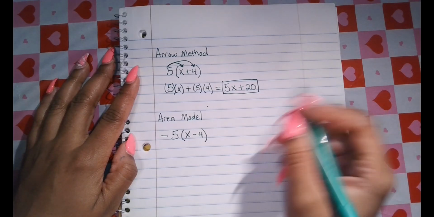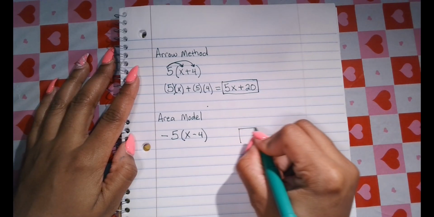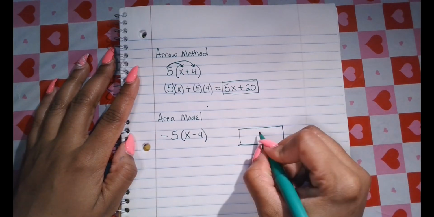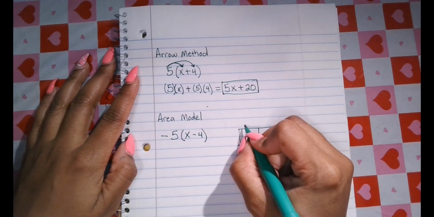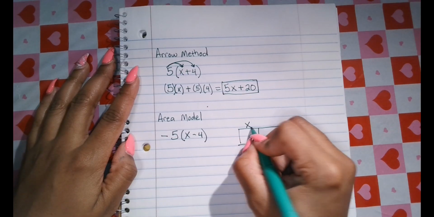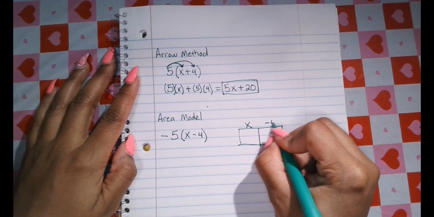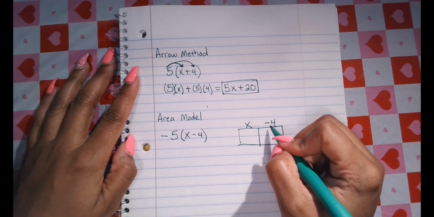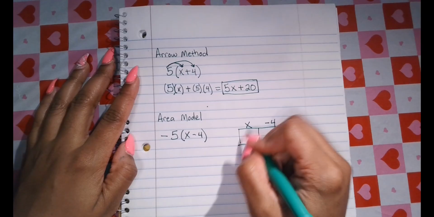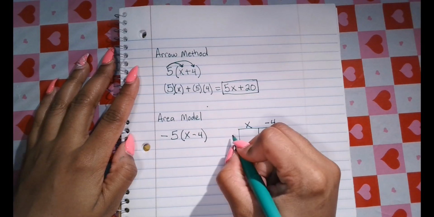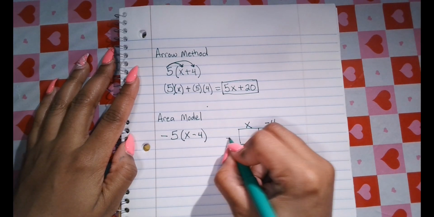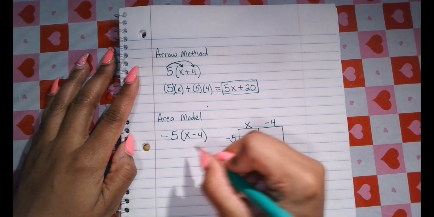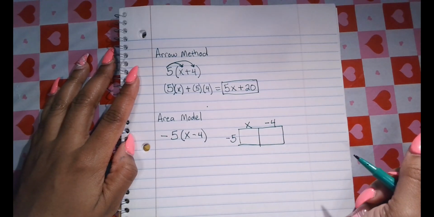I'm going to create an area model with 2 boxes because we have 2 terms inside the parentheses. So I'm going to write x and then I'm going to put minus 4 because subtracting 4 is the same thing as negative 4. And then on the outside, we have negative 5. So I'm going to put negative 5 here.